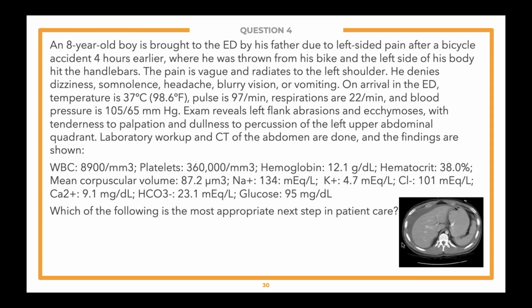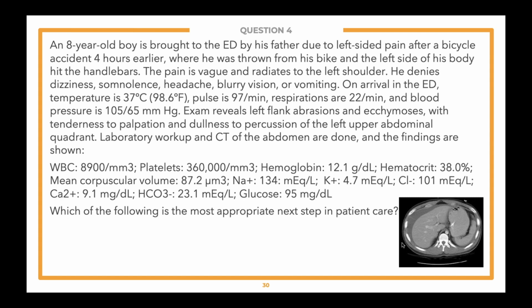Exam reveals left flank abrasions and ecchymosis, with tenderness to palpation and dullness to percussion of the left upper abdominal quadrant. Laboratory workup and CT of the abdomen are done, and the findings are shown. You can see the image there. White blood cell count, 8,900. Platelets, 360,000.